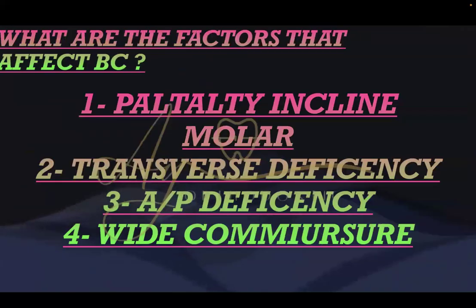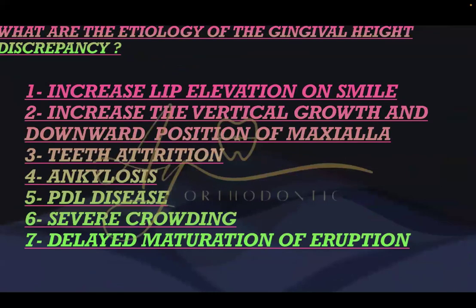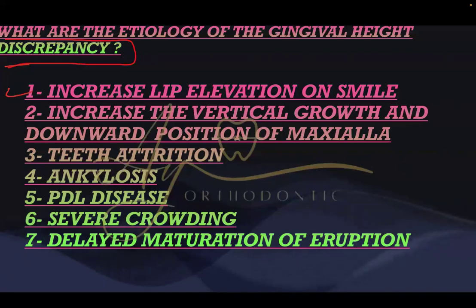What are the factors affecting the buccal corridor? You have mentioned 1 or 2. The third question, you failed to give me the answer. What is the etiology behind the gingival height discrepancy? Okay, the unequal gingival height between the teeth. It will be due to increased lip elevation on the smile, or increased vertical growth of the maxilla to be more downward.